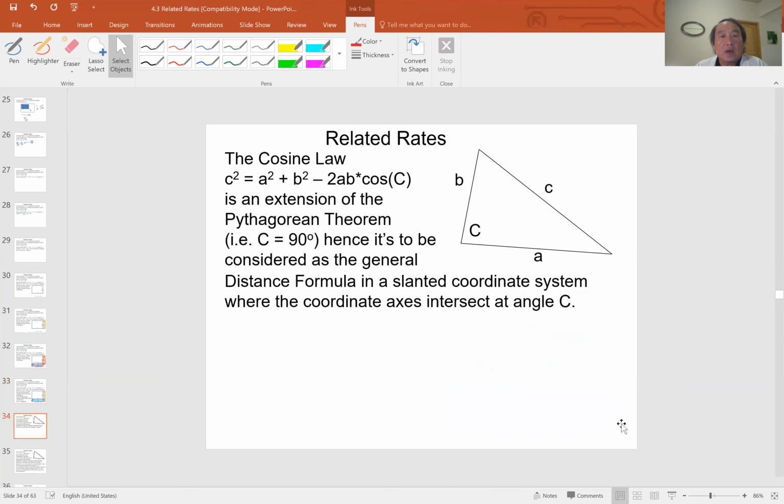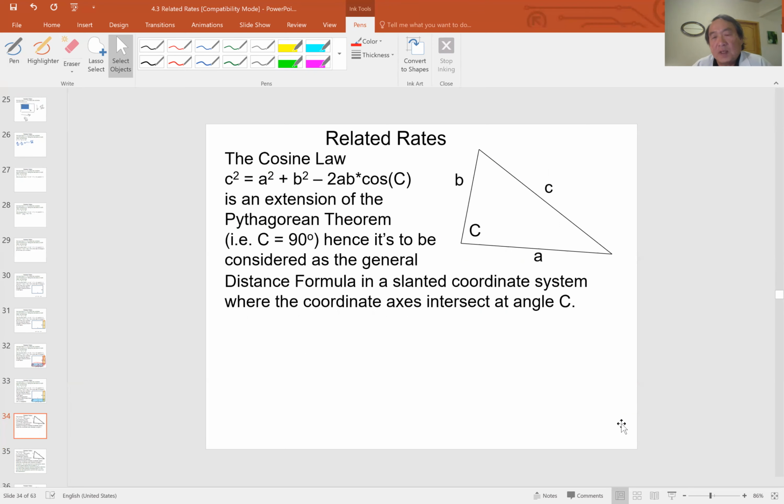Here is another problem, the distance measurements. Remember, a distance measurement change means the speed, the rate of change in distance. In this case, a triangle is changing its shape, stretched like how I did in the beginning.